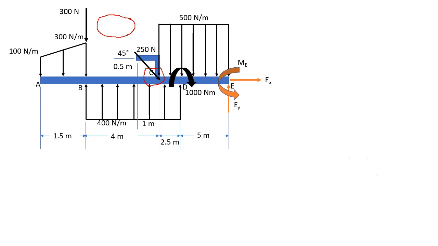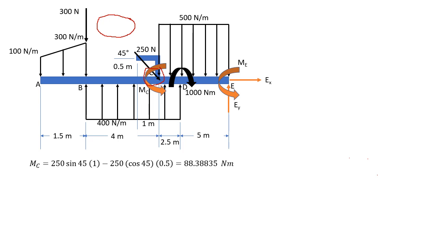So what we will do is insert a moment here, MC. MC is actually the moment of the 250 Newton force based on its original position about point C. So that would be 250 sine 45 times 1. That is the moment of the Y component of the 250 Newton force.